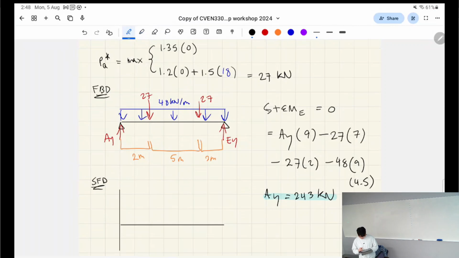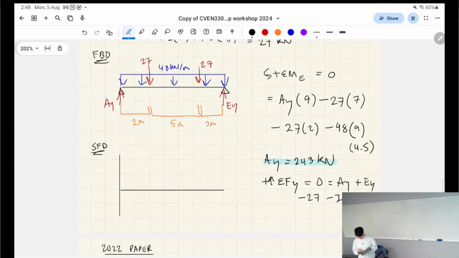Okay, and then we can either take the sum of the moments again at A this time to get EY, but of course that's more annoying than taking the sum of the forces, because we only have one unknown force now. We can use the sum of the forces in the Y direction: AY plus EY minus 27 minus 27 minus 48 times 9 meters, because it acts over 9 meters. This gives us that EY is 243.